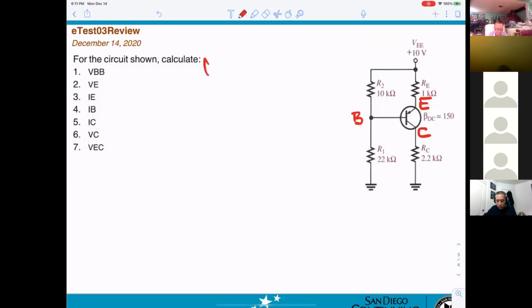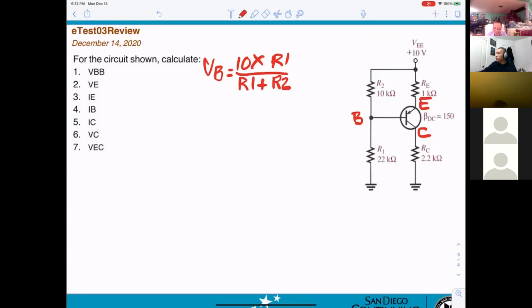Exactly. 6.875 volts. They have to be multiplied by this resistor here. So if you do not pay attention, you can get a wrong answer, and if you get VB wrong, you get everything wrong.